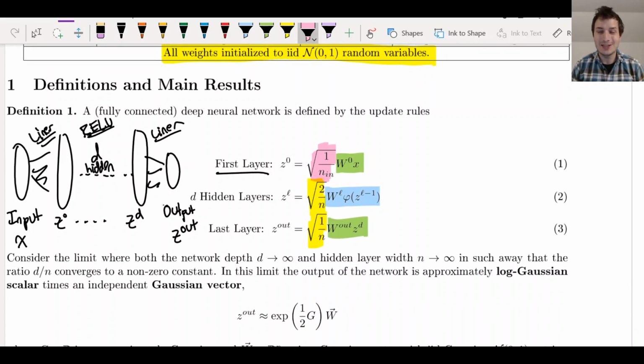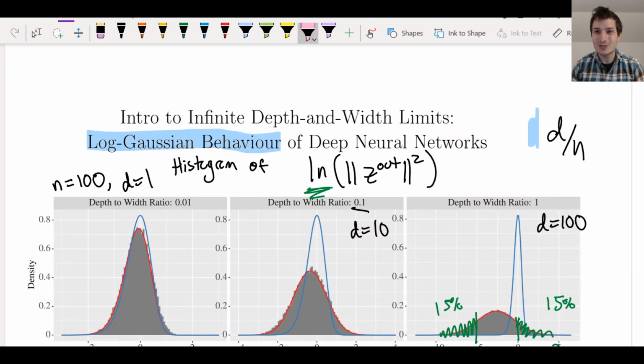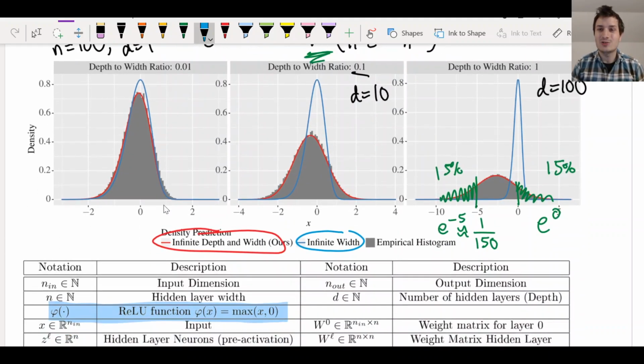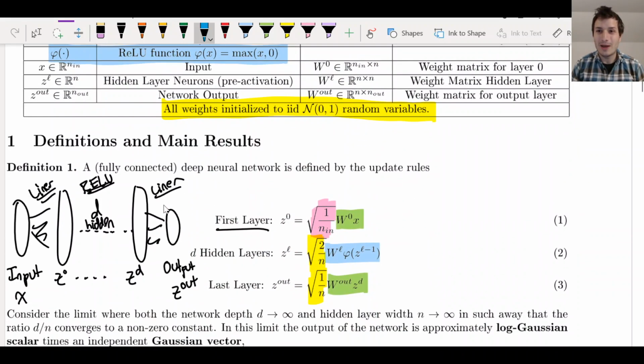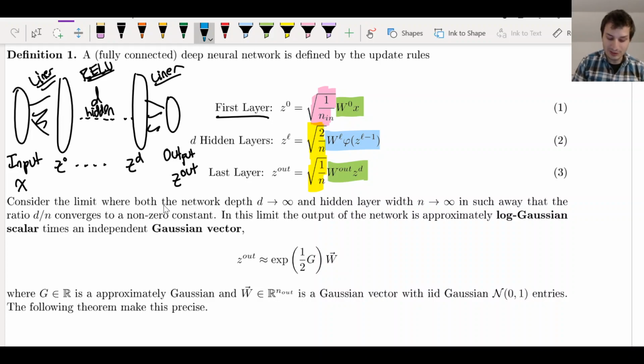Next up, I'm going to try to describe how this picture was generated and what happened. And we're going to answer this question, where is the log Gaussian behavior? Very roughly speaking, what I'm going to tell you about is the following result. It's about the distribution of the output of the network. So Z out, that's the output of the network. And what are we saying about Z out? We're saying it can be approximated by a product of two things.